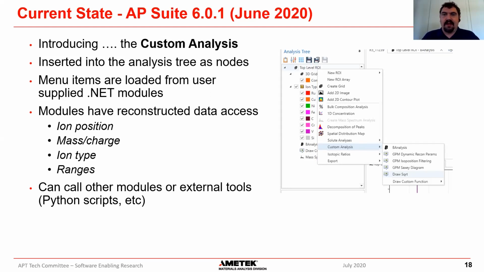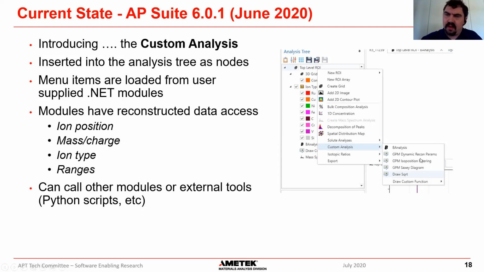So this new custom analysis feature is a custom module. So it's a DLL that you build, and the software loads it on startup and adds new menu items into your analysis tree. So you right-click anywhere in the tree like you normally would for adding nodes. You can find new custom analysis nodes in the list.